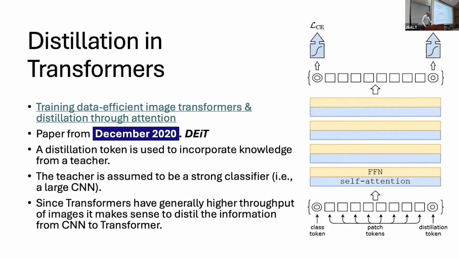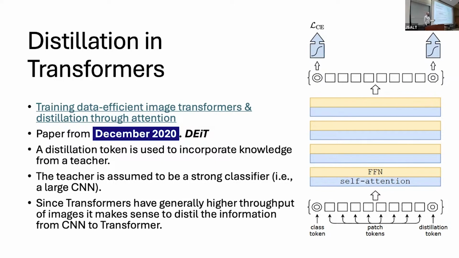And in distillation theory, it has been shown that your distilled models can actually work better than your previous models. Back then, the best performing models were very large convolutional neural networks, but the transformers have this nice property of larger throughput.